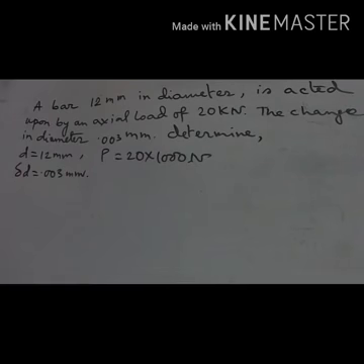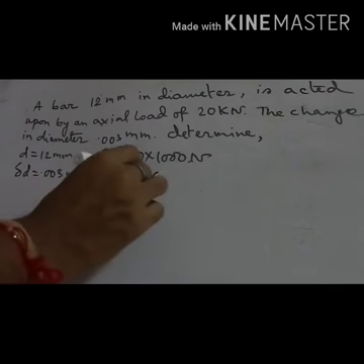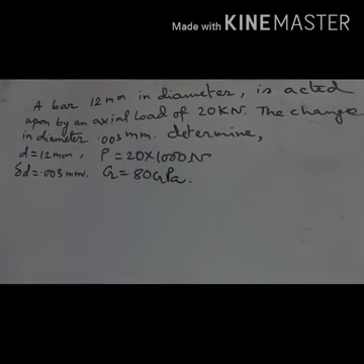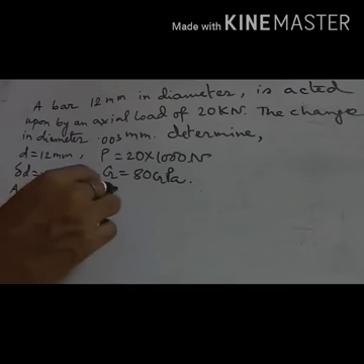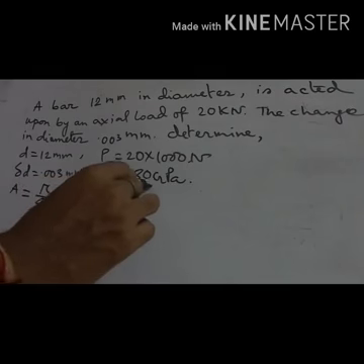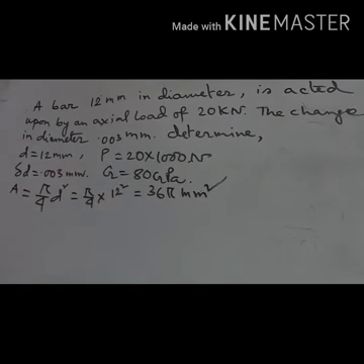Capital G is equal to 80 GPa. So from this given data, first you calculate the cross sectional area A, pi by 4 into d square, that is equal to pi by 4 into 12 square, that is equal to 36 pi millimeter square.